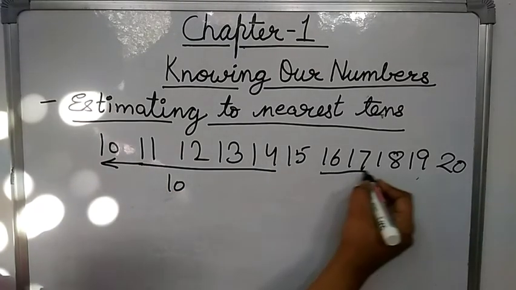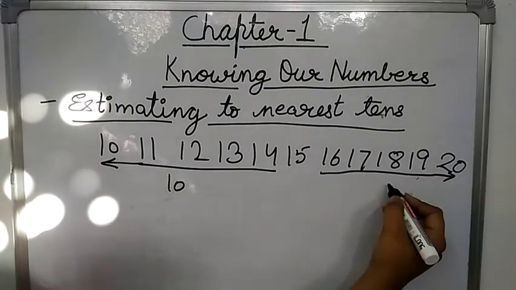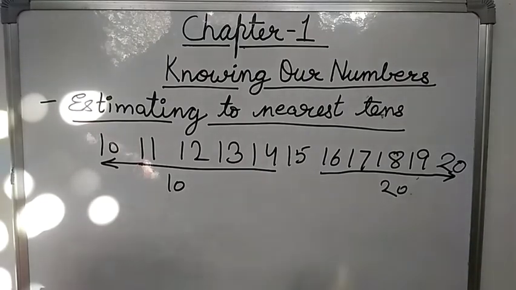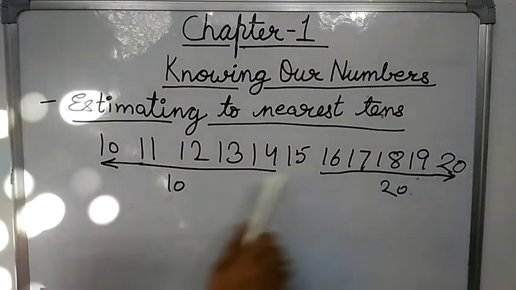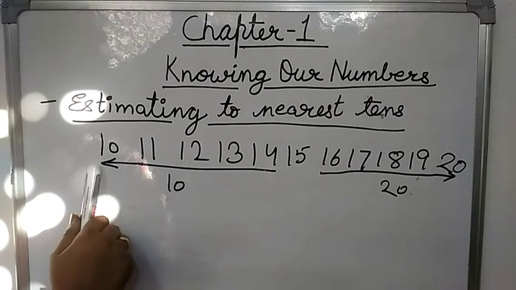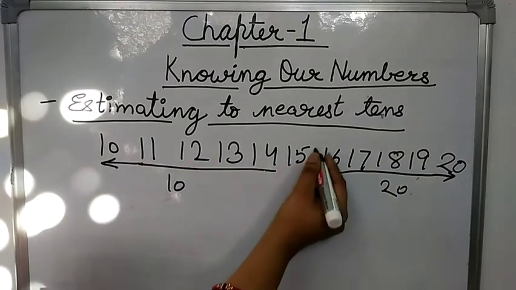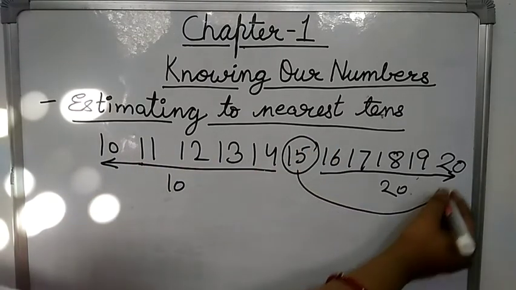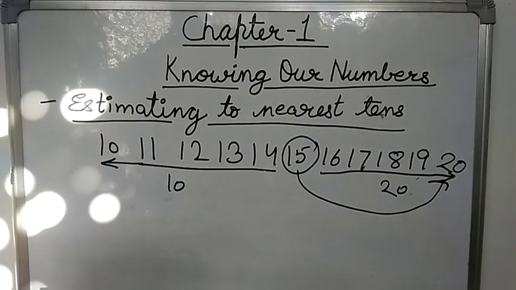Numbers 16, 17, 18, 19 will be estimated as 20, because these numbers are near to 20 and those are near to 10. And again, this 15 will be estimated as 20. So hope this has cleared your doubt about estimating to nearest 10.